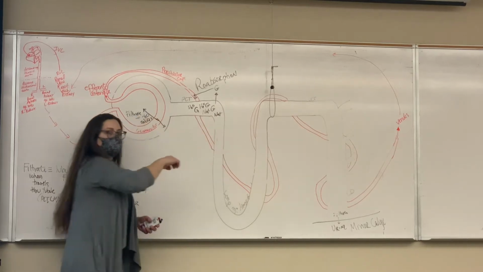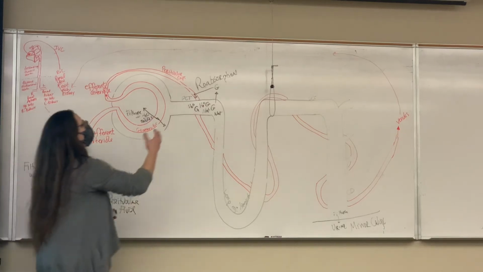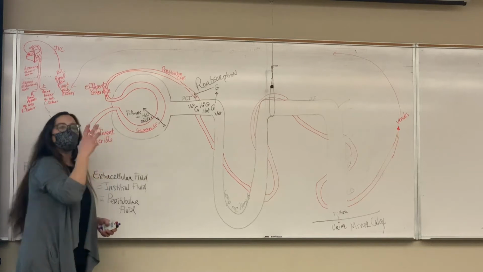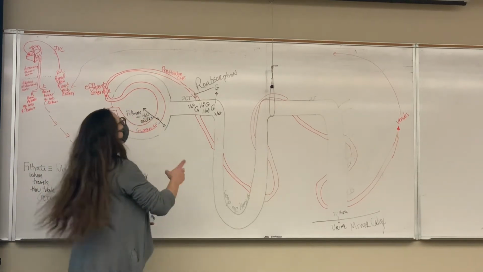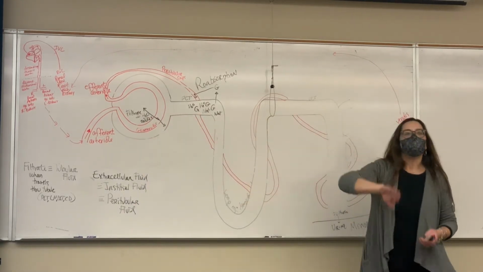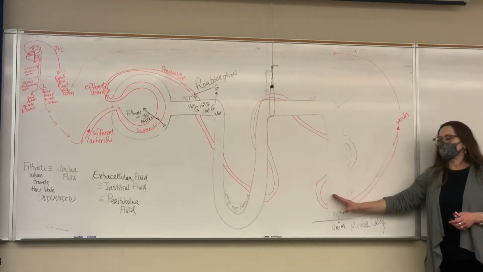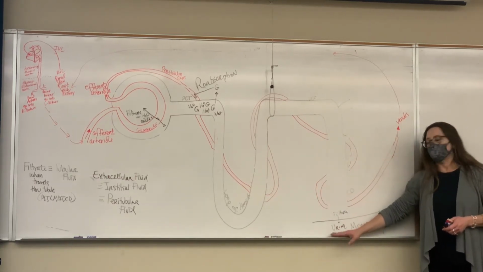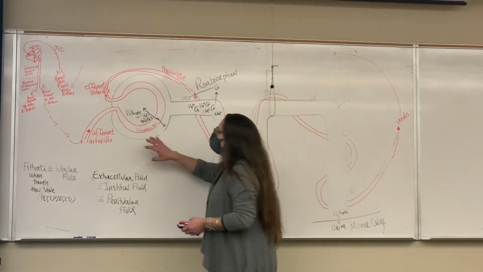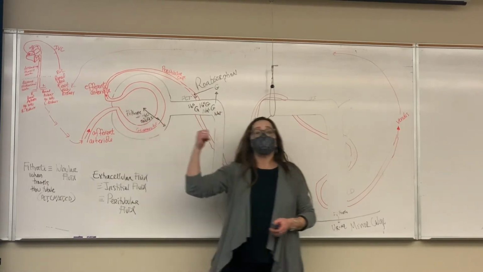We're going to filter out way too much sodium that we've got to reabsorb back into the bloodstream, and so on and so forth. So that's why we're doing reabsorption, because way too much good stuff gets filtered out right here, okay? So reabsorption allows us to put all that good stuff back into the blood so that it doesn't end up in the filtrate and then end up in the urine, or the filtrate that leaves the collecting duct and becomes urine.